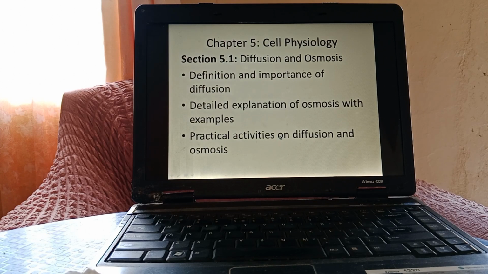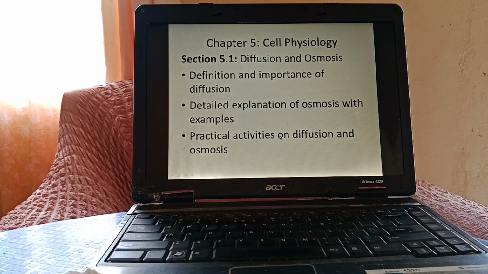Cell physiology occurs in chapter 5, where section 5.1 is diffusion and osmosis, where you have definition and importance of diffusion, detailed explanation of osmosis with examples and then practical activities on diffusion and osmosis.